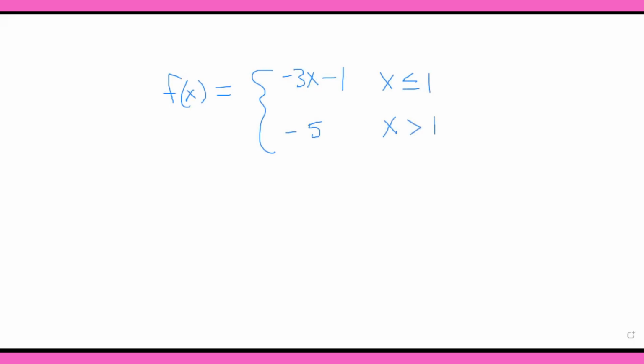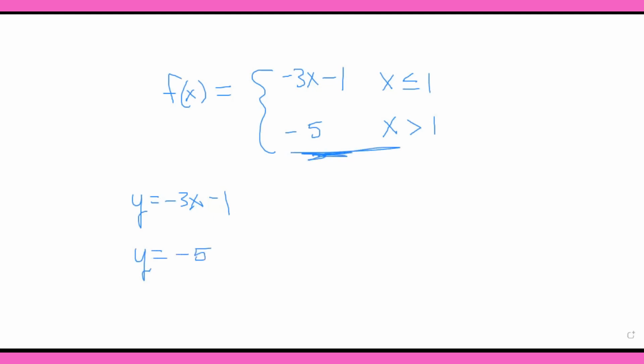What I always like to remember is that when we think of f of x, or a function, we also call that y. So essentially we have two equations here: y equals negative 3x minus 1, and y equals negative 5.